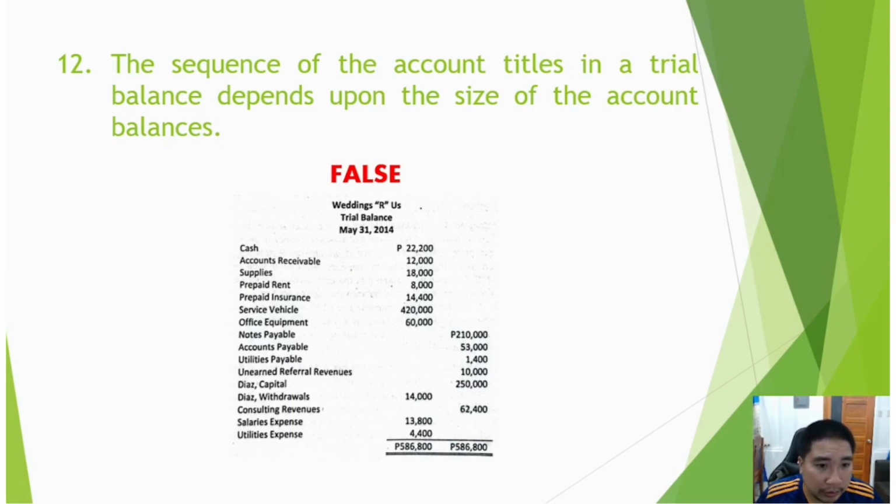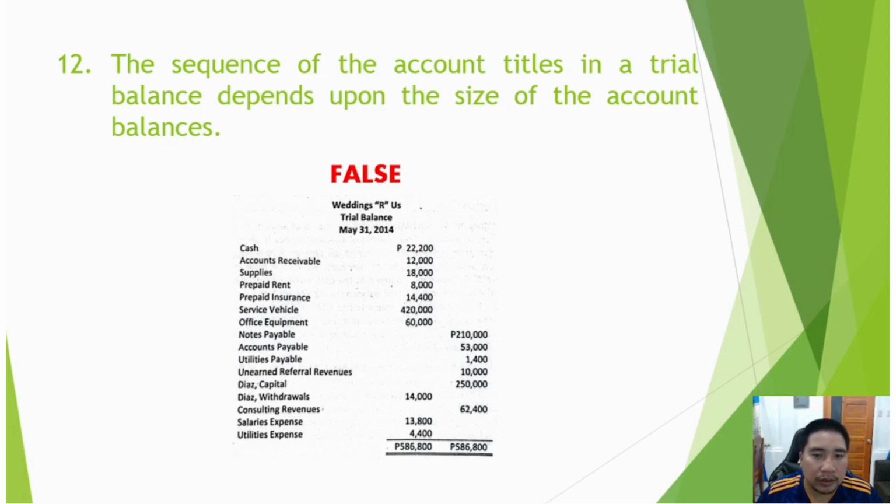So you would notice in our example that it began with cash, which is an asset, which is a balance sheet account, down to Diaz withdrawals, which is an equity account, which also is a balance sheet account. After that, we have 3 more accounts that are income statement accounts: consulting revenue, salaries expense, and utilities expense.